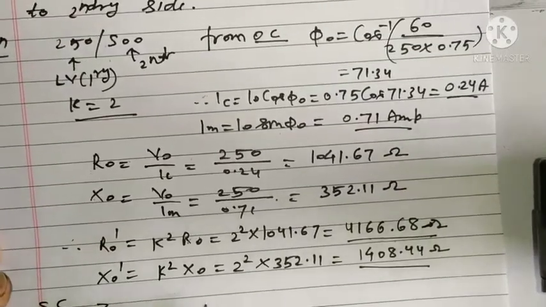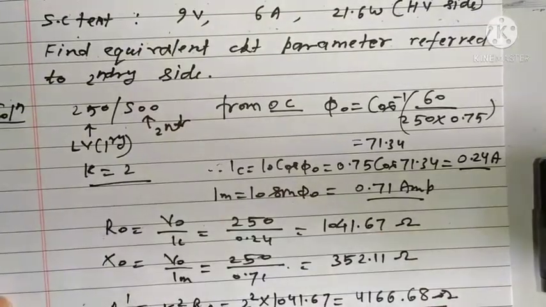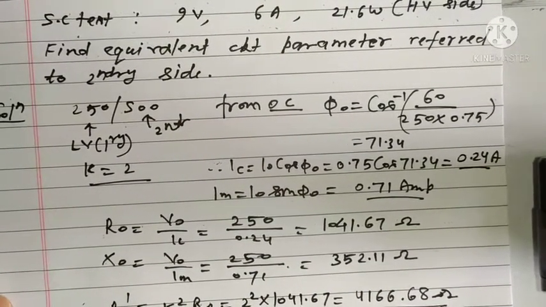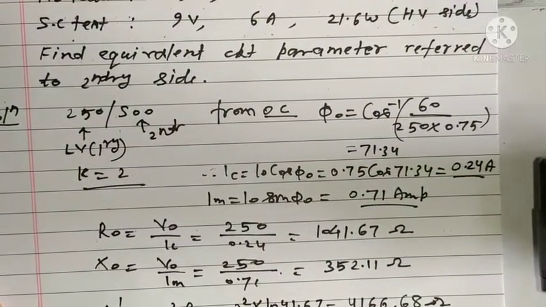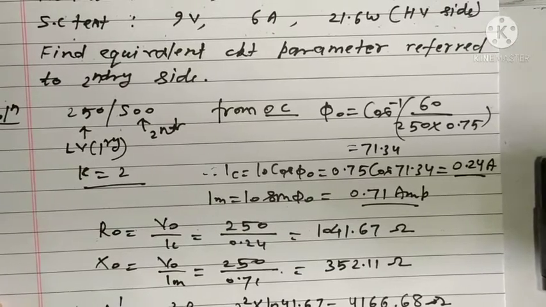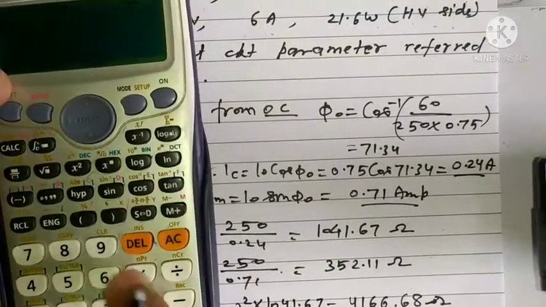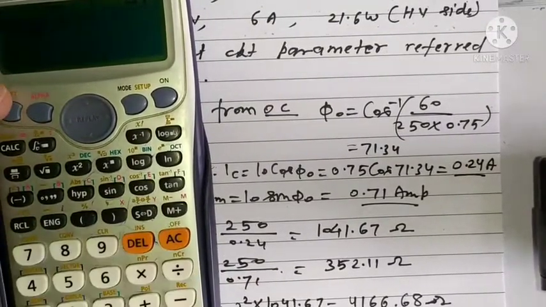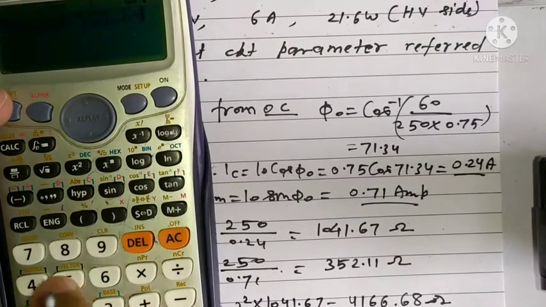VSC is 9 volt and ISC is 6, at an angle of cos inverse WSC by VSC into ISC, that is 21.6 by 9 into 6, cos inverse 21.6 divided by 54.